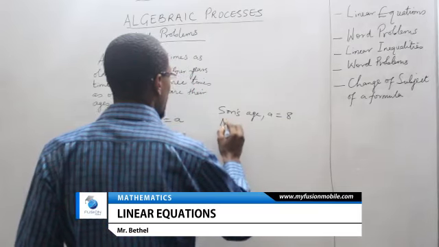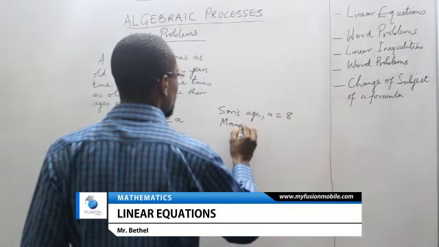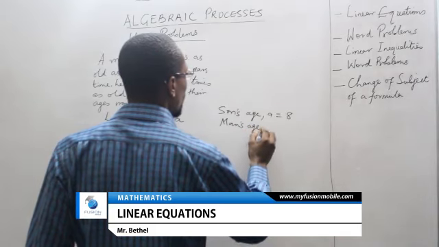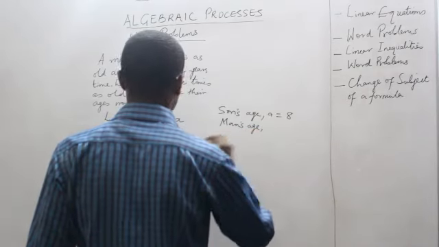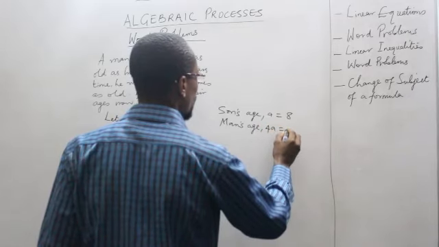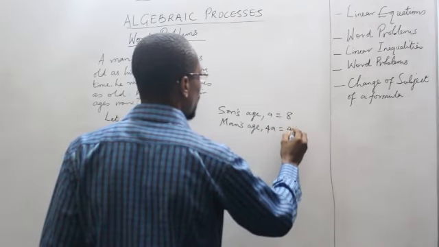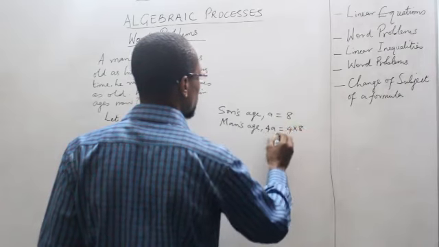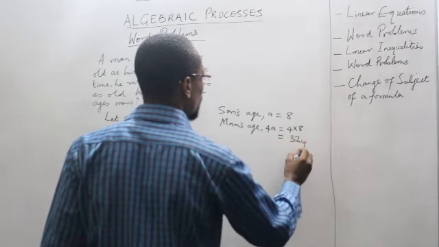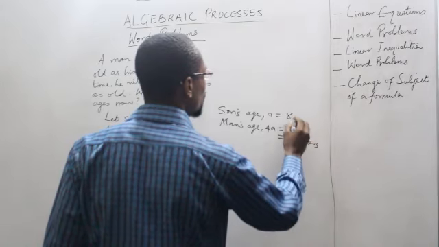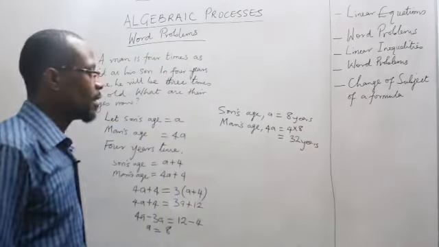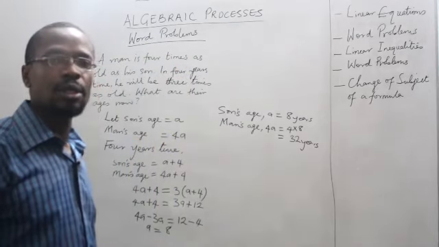Therefore the man's age, which is 4A, will be equal to 4 times 8, and that should be equal to 32. So the son is 8 years and the father is 32 years old.